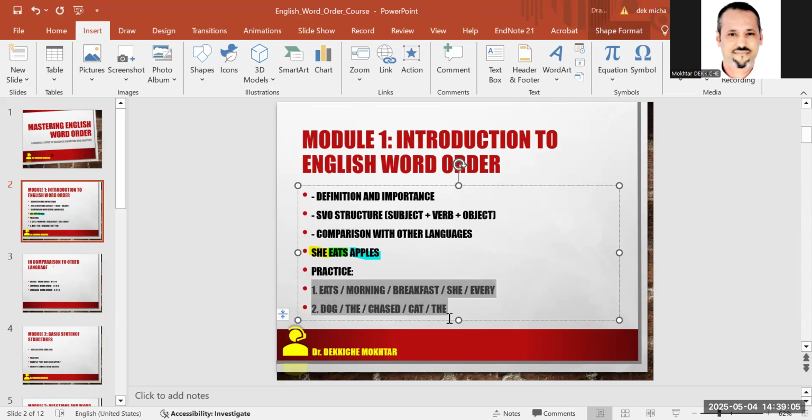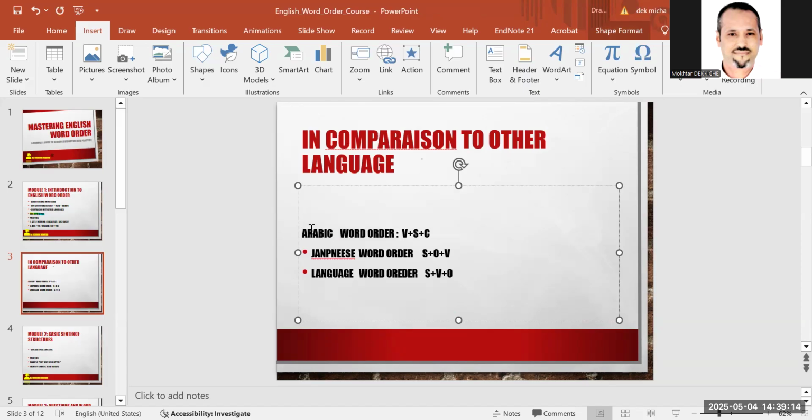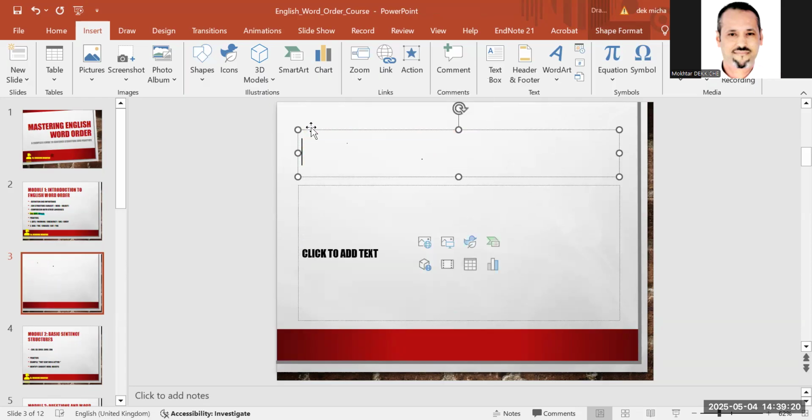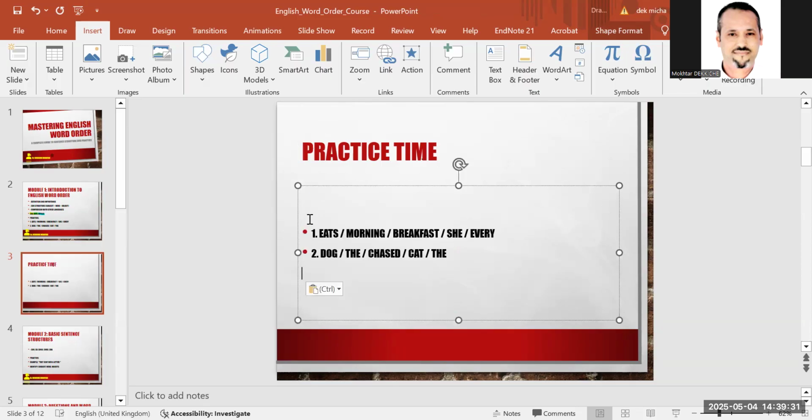Let's reproduce this in these places here. Try to reorder these sentences correctly.